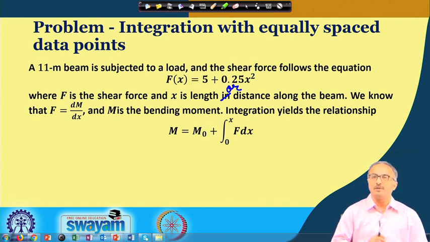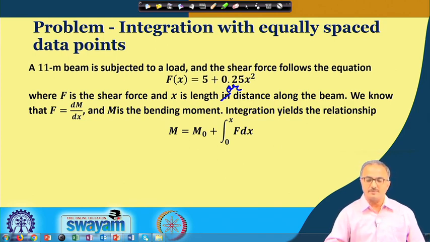Then you might have some experimental values of the dependent variable at specific points, like the density or some other property at specific values of temperature. You do not have any particular equation between these two variables. In that case also you can use such numerical methods for integration.